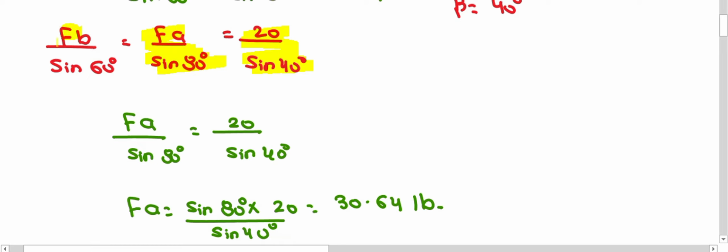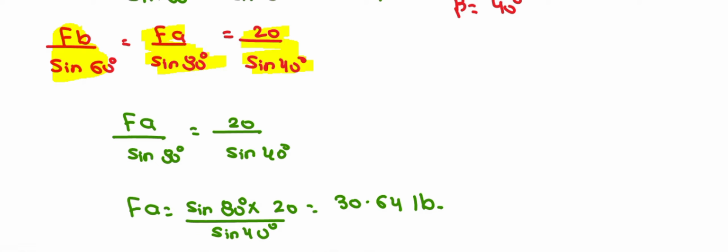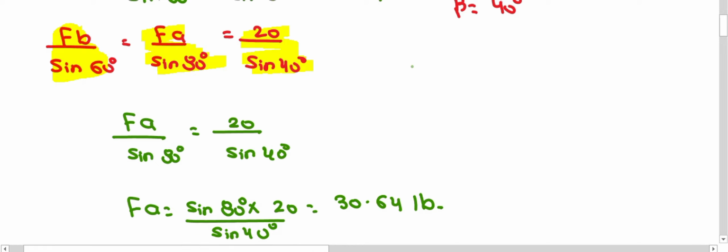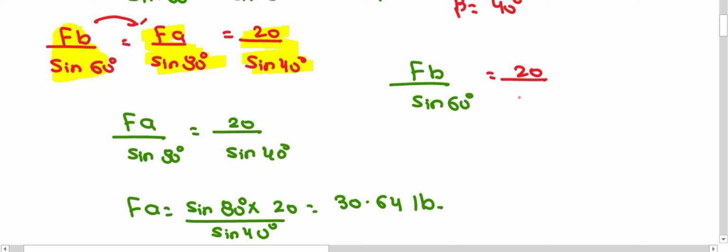Similarly, compare FB upon sine 60 with 20 upon sine 40. Don't worry, if you compare FB upon sine 60 with FA upon sine 80, you will get exactly the same result. So FB upon sine 60 degrees equals 20 upon sine 40 degrees.